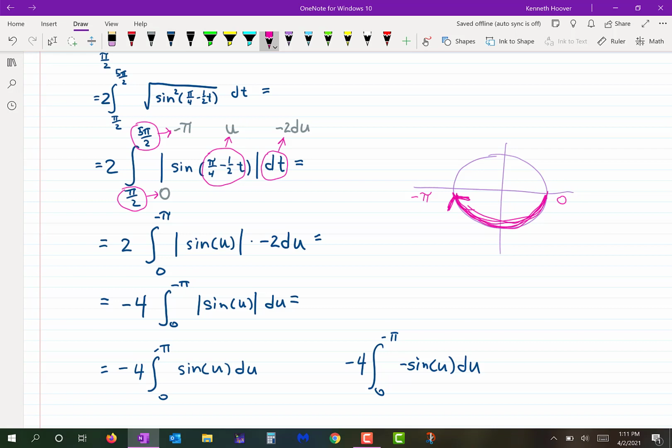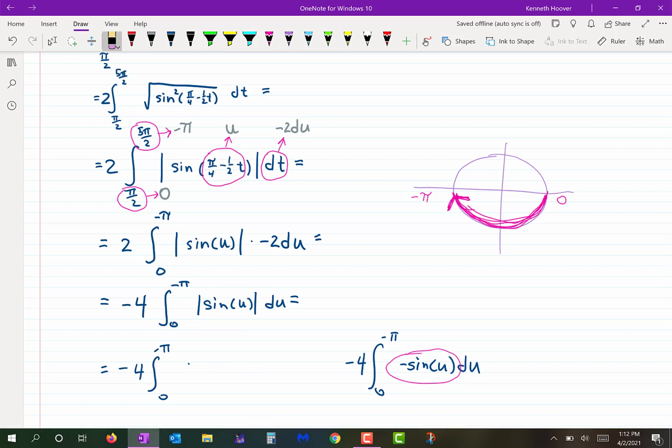The sign is negative, right? So is the absolute value of sine going to be sine? No, because absolute values are never negative. If the sign is negative in that area, then the absolute value of sine has to be the opposite of sine in order for the absolute value to be positive. If sine is negative, then negative sine is positive. Okay?